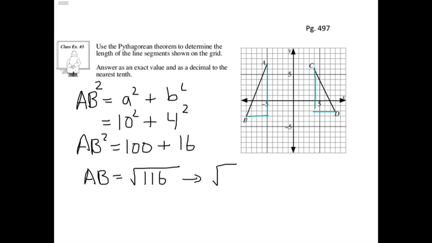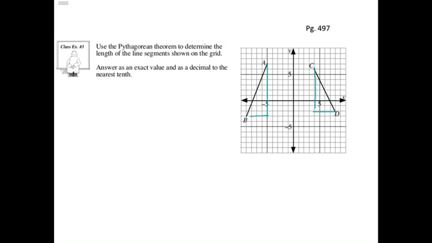The square root of 116 is the same as saying the square root of 4 times the square root of 29, and that works out to 2 root 29. As a decimal, rounded to the nearest tenth, this is the same as 10.8 units.